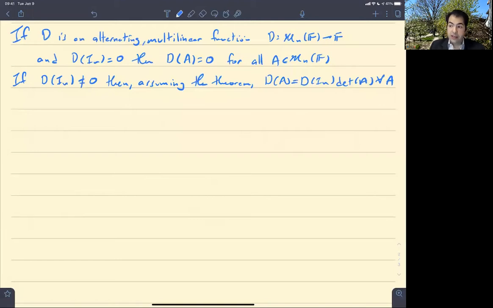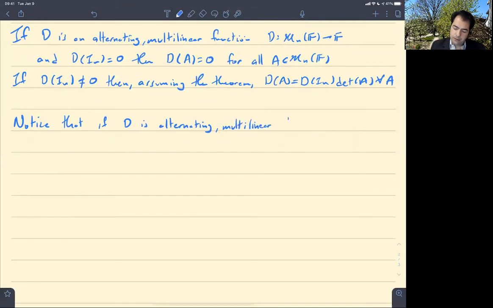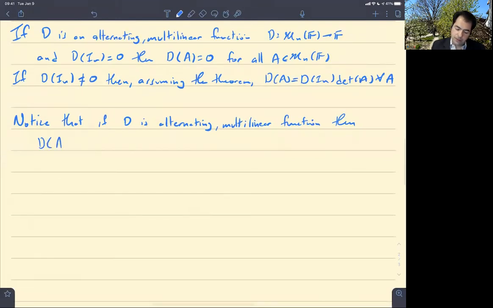A similar reasoning can be used to see that if you have any alternating multilinear function, then D of A is equal to 0 whenever A is singular, right?